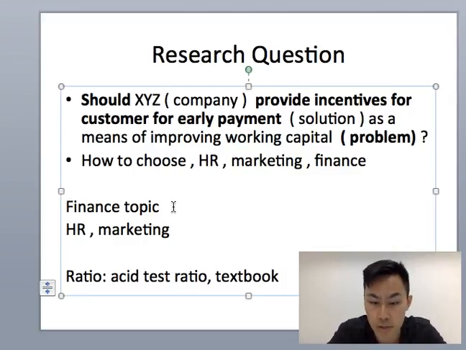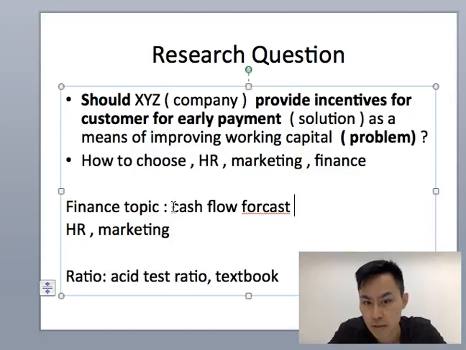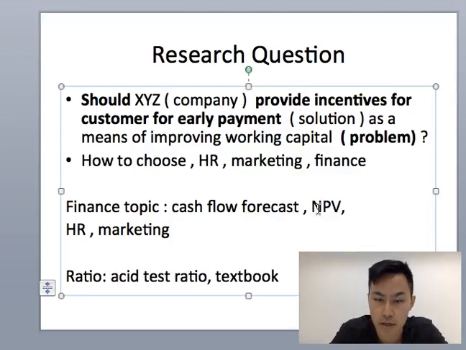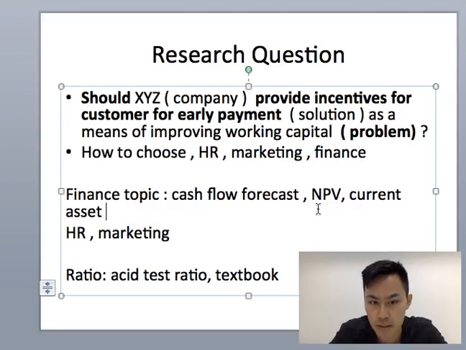That's why I always suggest students choose a finance topic, okay? Because you can work on the cash flow forecast, and you can work on NPV, and you can work on the working capital, like the current assets and liabilities, right?